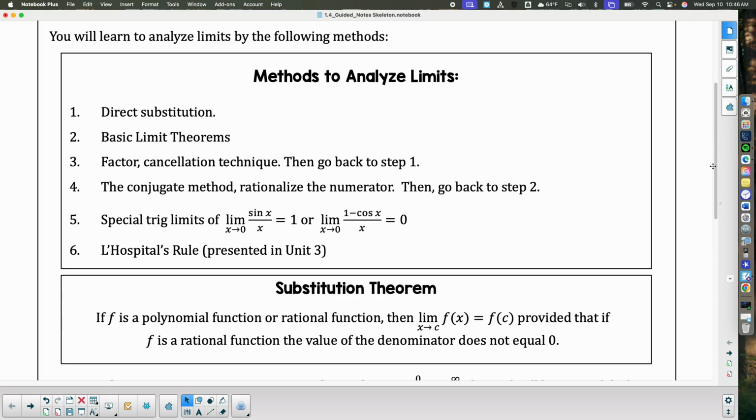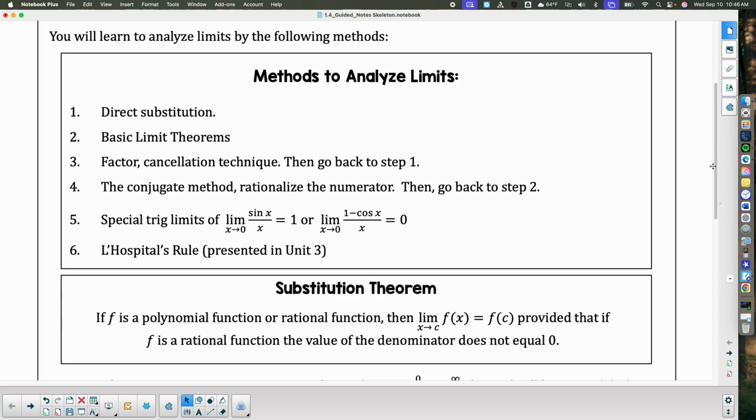It doesn't mean you shouldn't try, but most of the time that won't work. There are going to be a lot of different things we can try. Basic limit theorems, to me, that's just basically like changing the equation around. So that's like simplifying, using the properties we learned, changing it around so that you can plug a number in and get an answer.